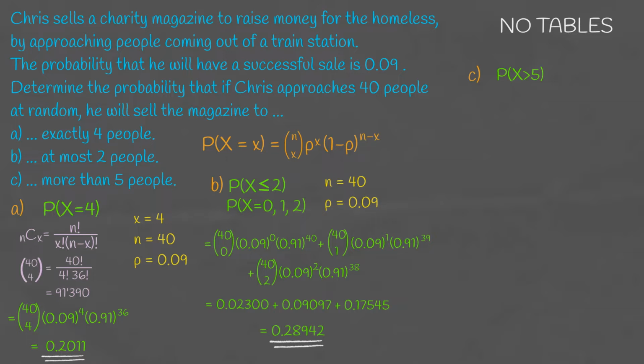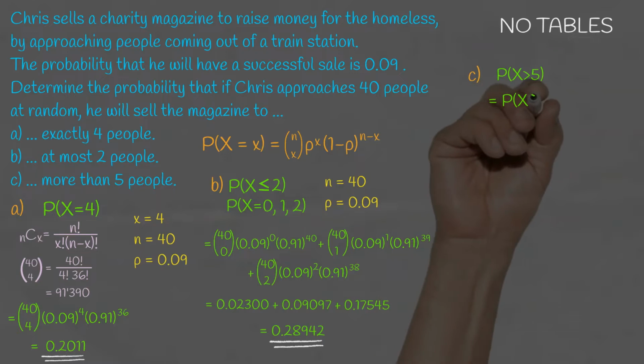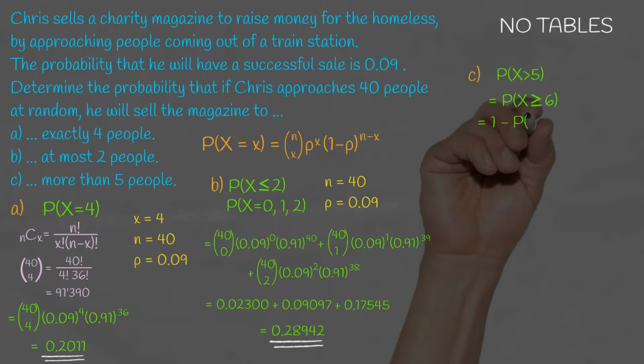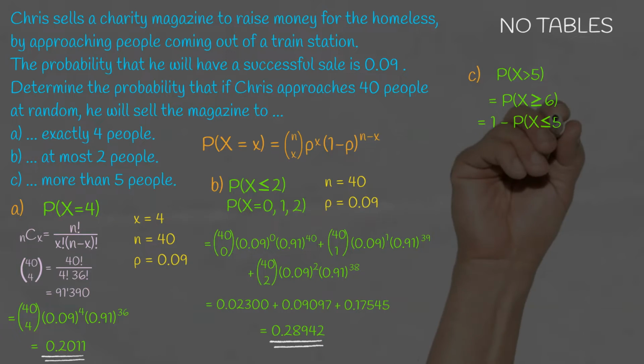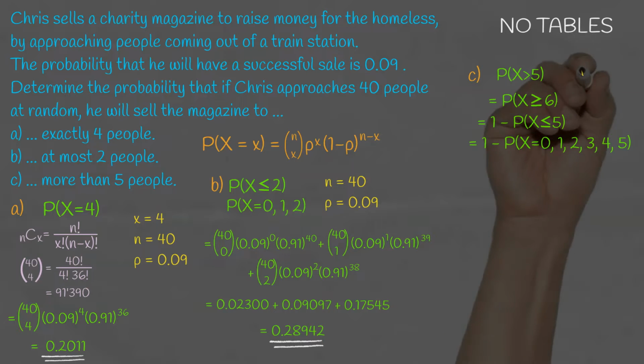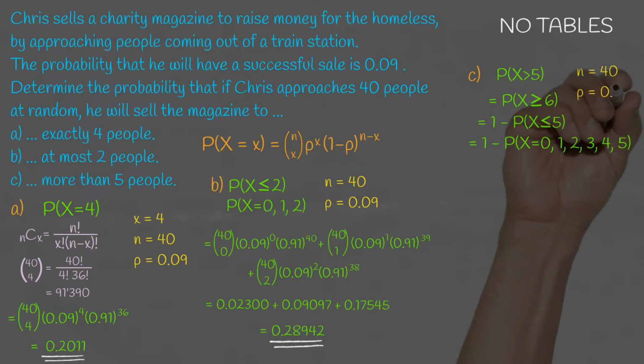For part C, for more than 5 people, x has to be greater than 5. So x can't be 5, but x can be 6, so it's the same as saying x is greater than or equal to 6. And as we spoke about previously, that's the same as 1 minus the probability that x is less than or equal to 5. So we need to work out the probability that x is 0, 1, 2, 3, 4 or 5.